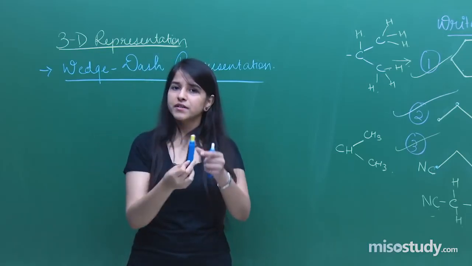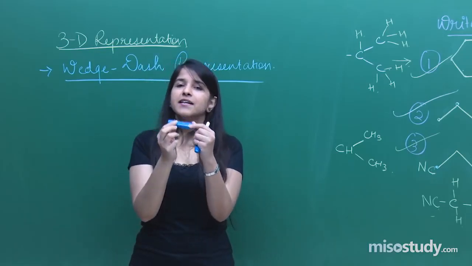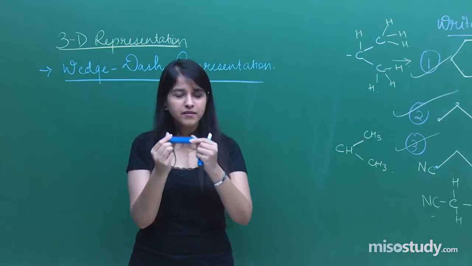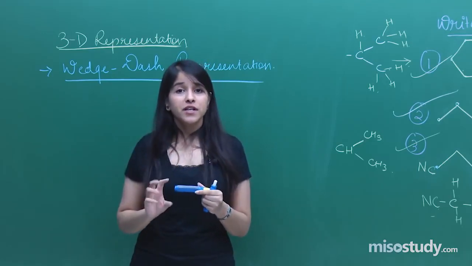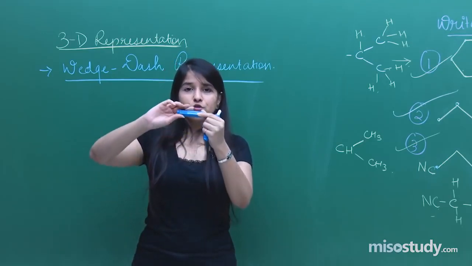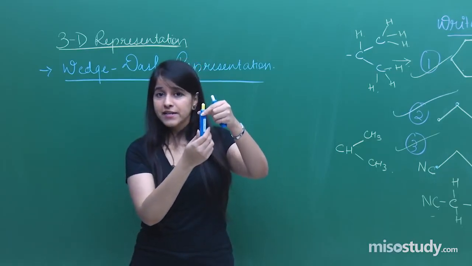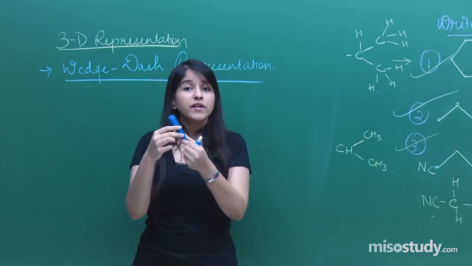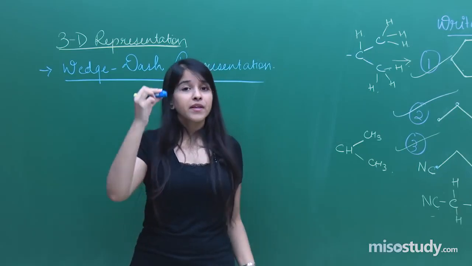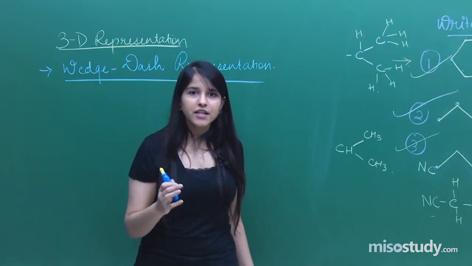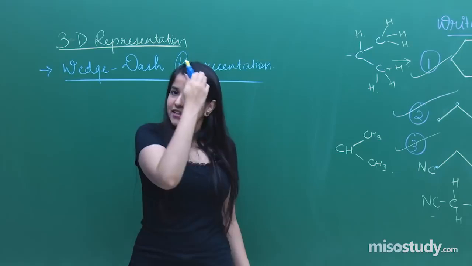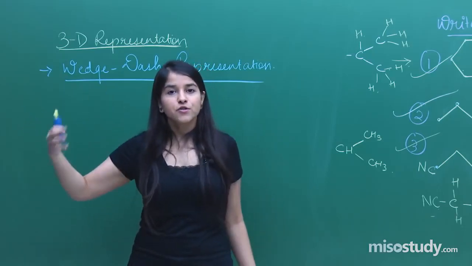If you see over here, I can represent this as one single line, but that would be a 2D representation. If I need to judge what are the sides, what are the edges, what are the curves present in this, then I need to have a 3D representation of the molecule. That is why we use shading in the drawings.